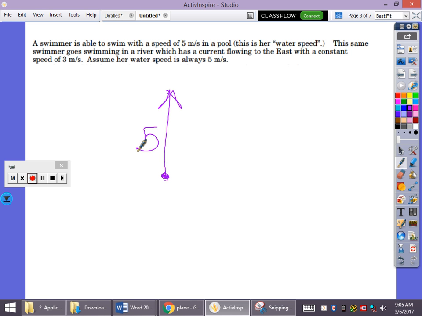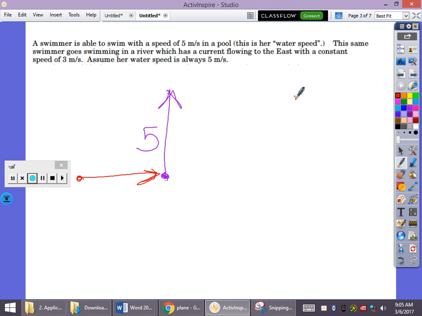My next vector either has to start at a terminal or end at an initial. Okay? So the current is pushing which way? East. So I can either put it here, yes, because that's facing east and it puts a terminal with an initial, or you could have put it up here. Okay? And again, because it would have made a parallelogram.